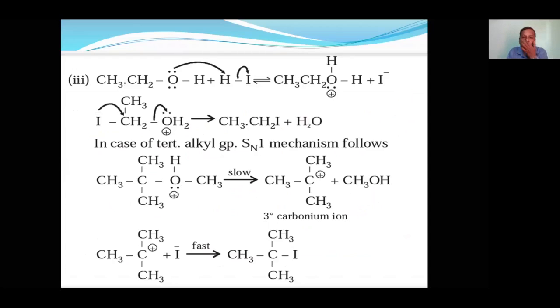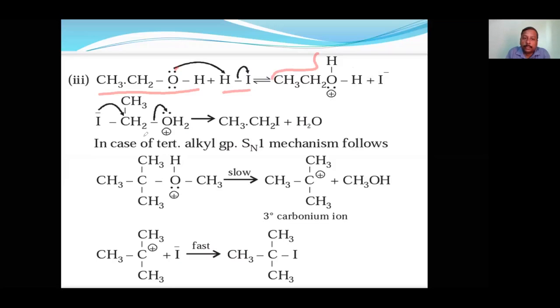Okay, now let us see the next example. So it is ethyl alcohol plus HI. Now in the same way, the lone pair will be donated and I minus will be formed. This step will always be the same. Then, ICH2OH, this part I am talking about, I minus will be attacking again.